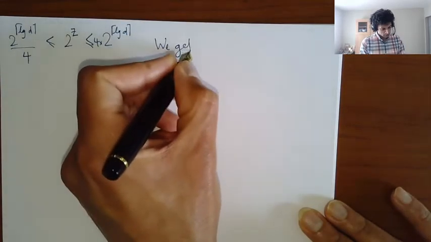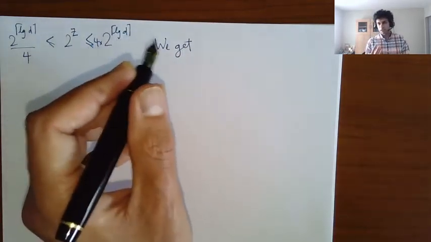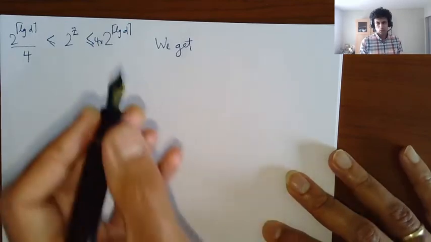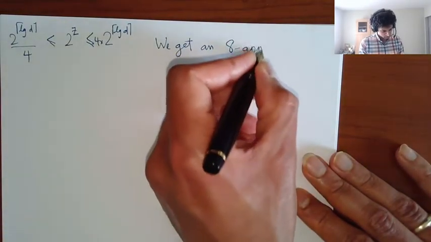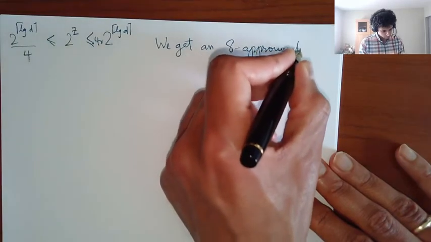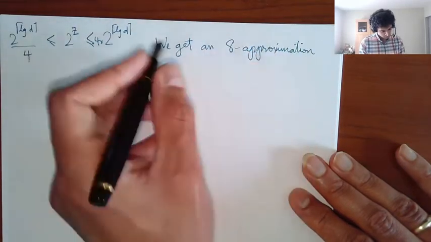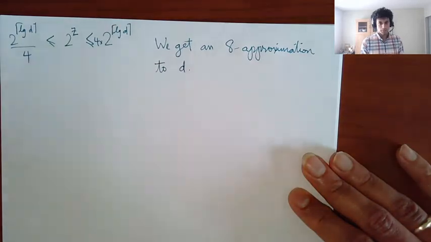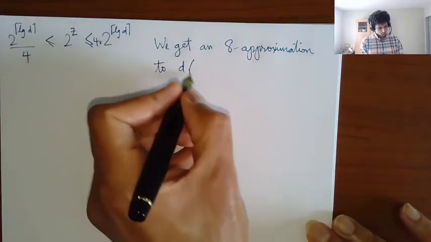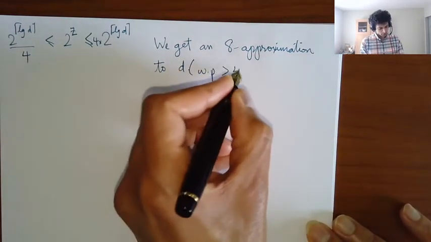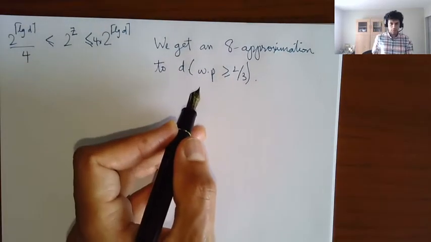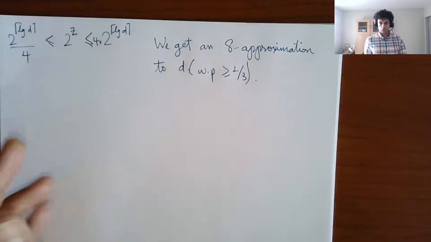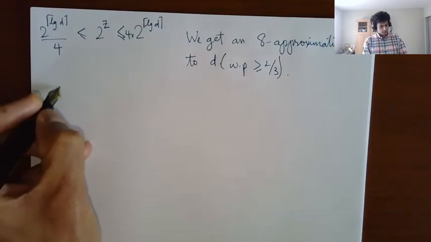So 2 to the log D is off by a factor of 4, so very crudely we get an 8 approximation to D, with probability at least 2/3. One can then use standard boosting, the median trick, to improve.